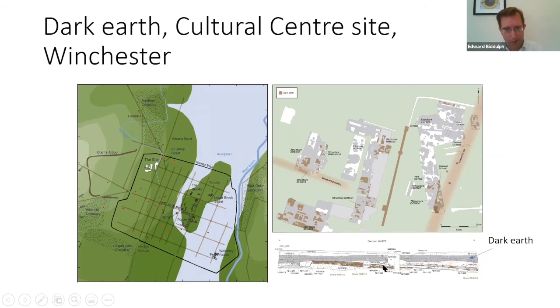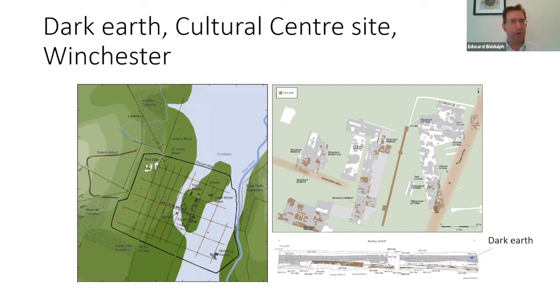It's just been piled on top of everything else, and it's extensive. Environmental and finds analysis of the dark earth showed it wasn't cultivated soil. It was dumped occupation and waste deposits, dumped in fairly quick succession, and a lot of pottery was preserved in there in pretty good condition.